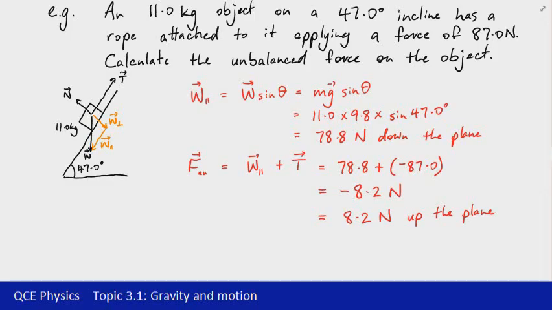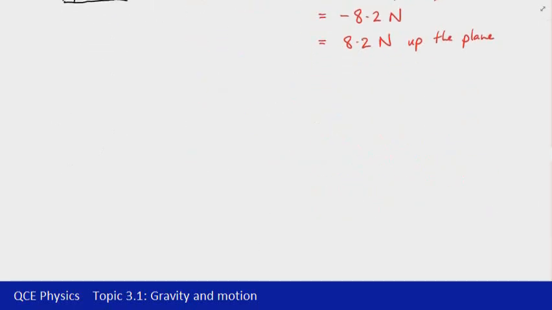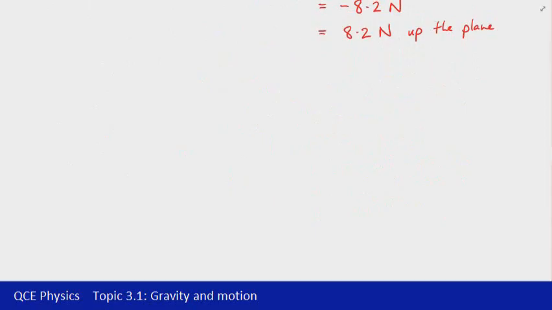Let's now have one last look at an applied force with a surface with friction. We're particularly going to focus on dragging an object up that surface, so we're not going to worry about applying a force down. So, dragging an object up a surface with friction.